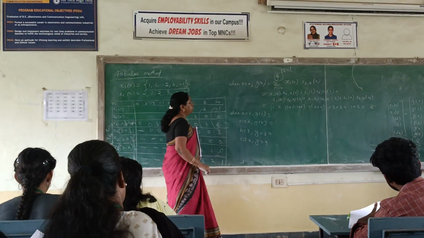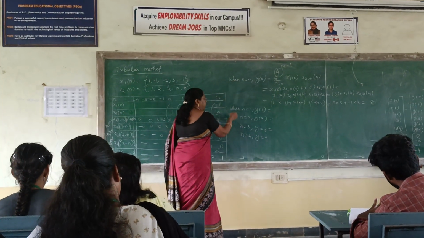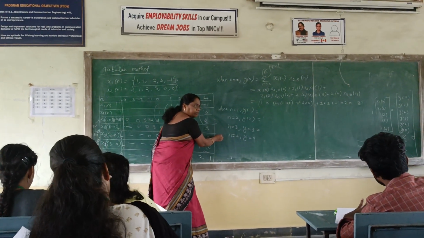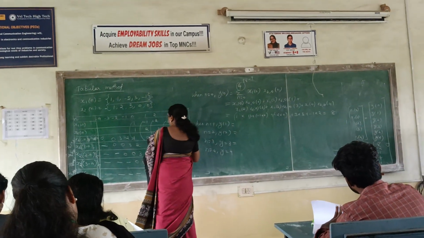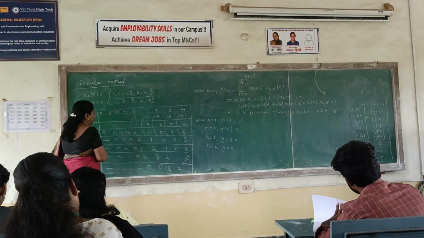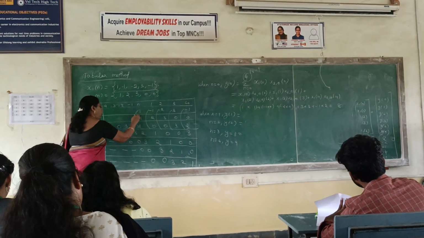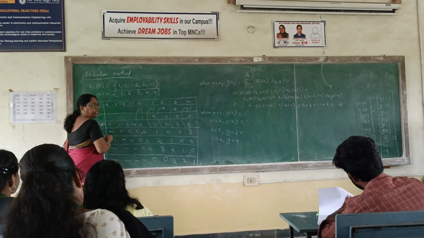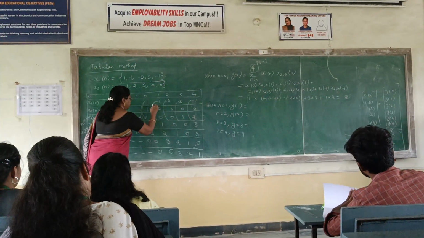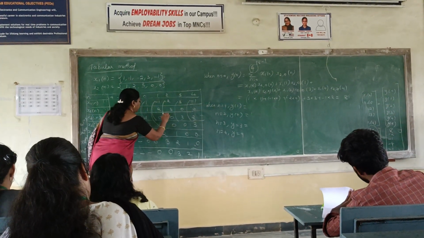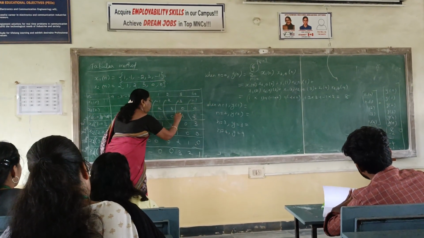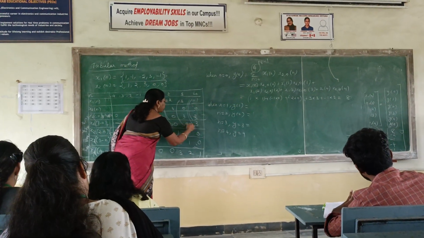That's all. Only 5 samples, so we have to stop with this. When n equal to 1, y of 1 equal to, now you have to multiply this one with this, and this one with this, this with this.